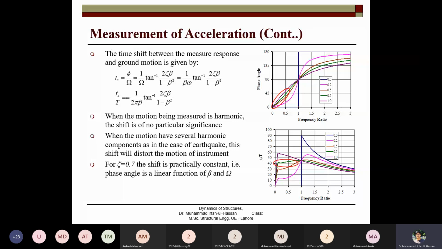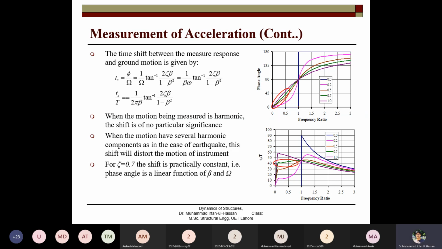So the time shift, this is also interesting, between the Mayer response and the ground motion response. The time shift Ts is given by the ratio of the phase angle to the frequency of the ground motion.